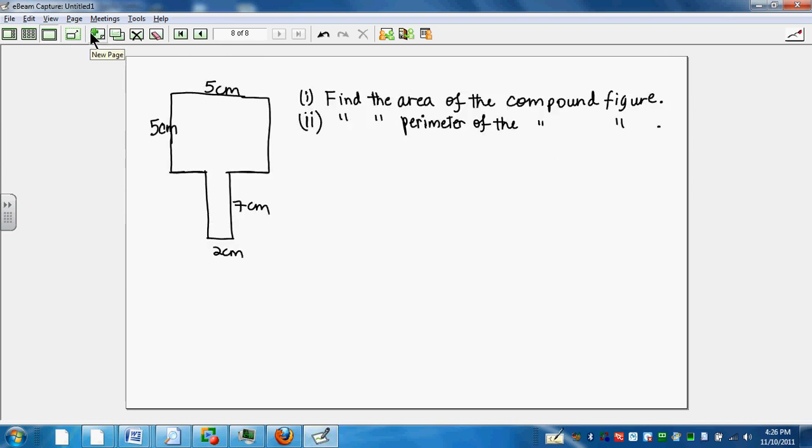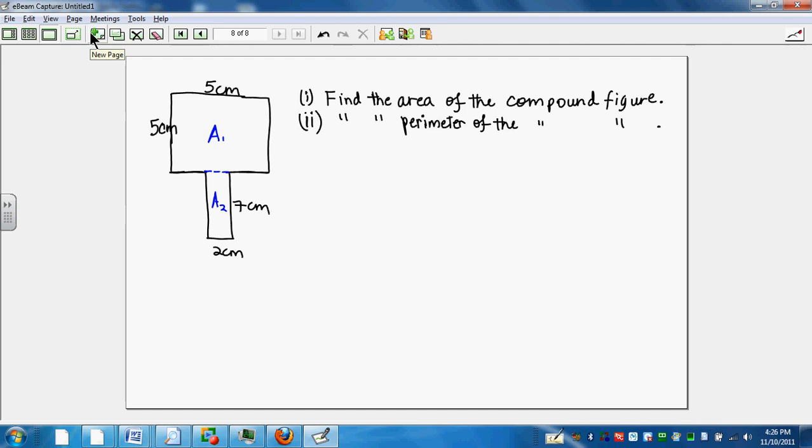Okay, so in this question we were asked to find the area of the compound figure, and to find the area of the compound figure, what we do is we divide it into two pieces, a top part and a bottom part. The top part, if we call that A1, and the bottom part, if we call it A2, then the area of the top part we say is A1, the area of the bottom shape is A2.